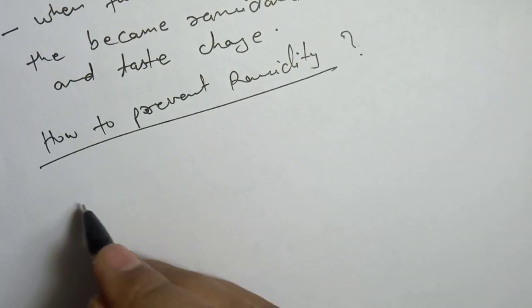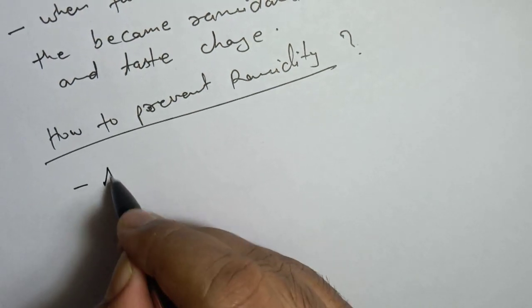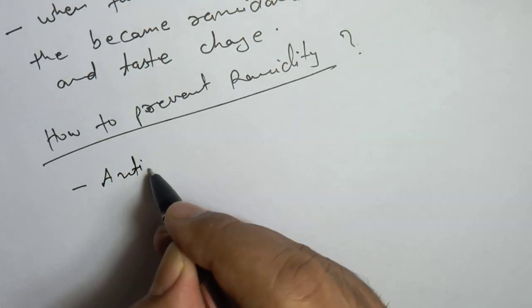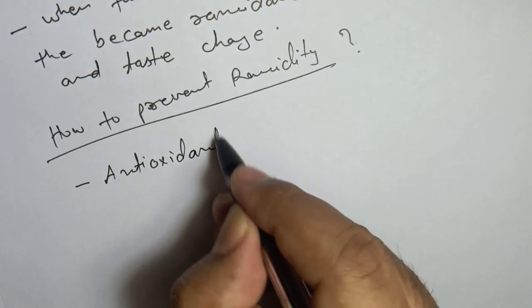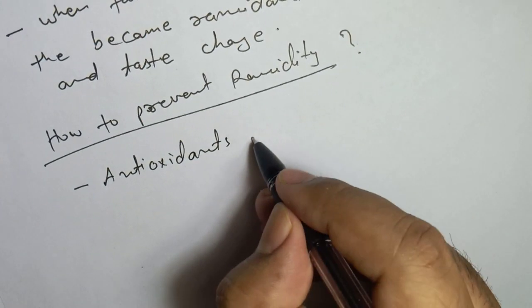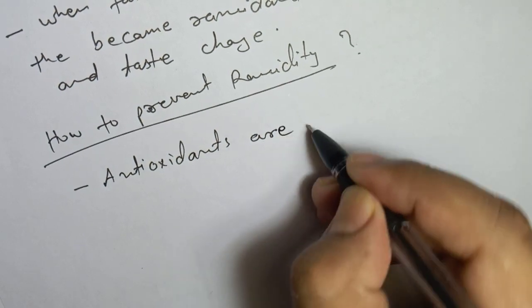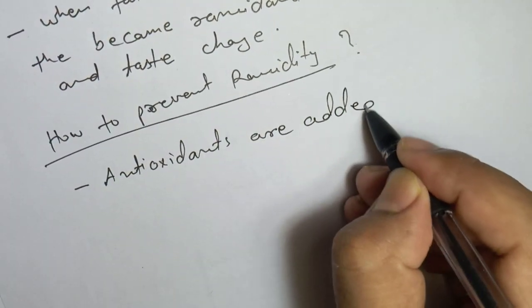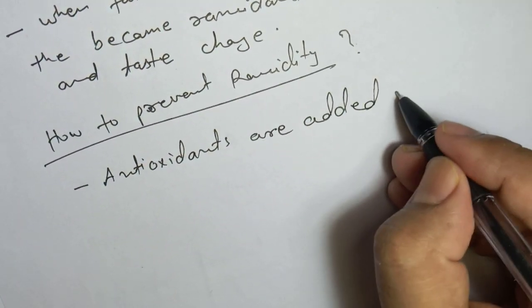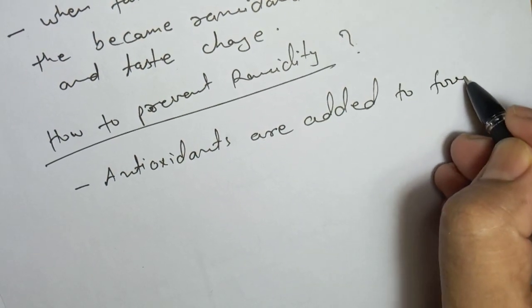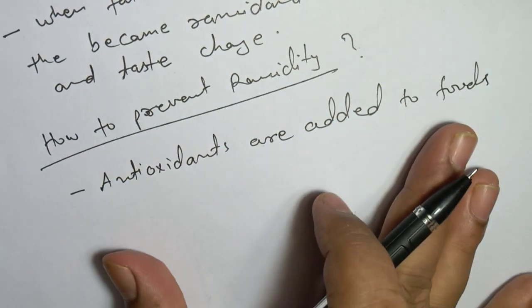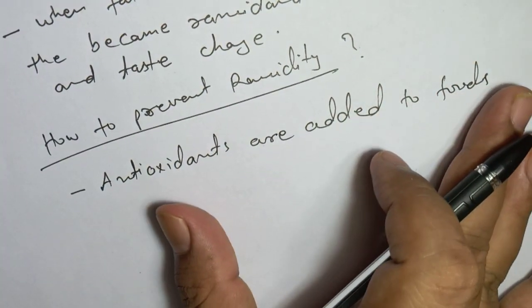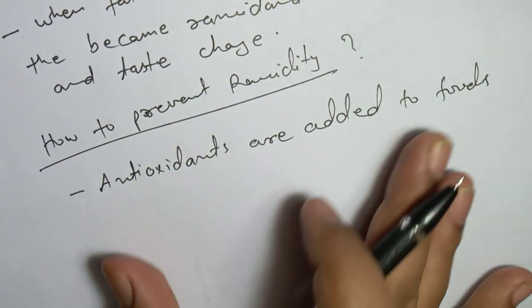Yeah. So antioxidants are added in food. Okay, so when they are added to food items, what happens? The oily food, the fatty food, becomes safe.